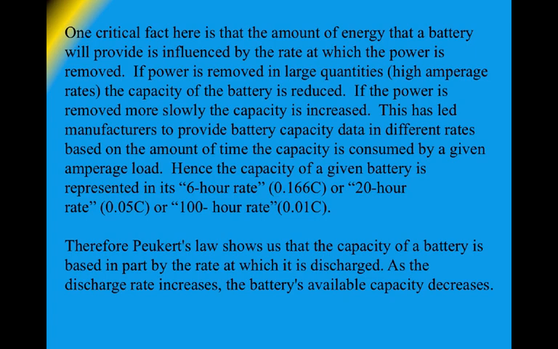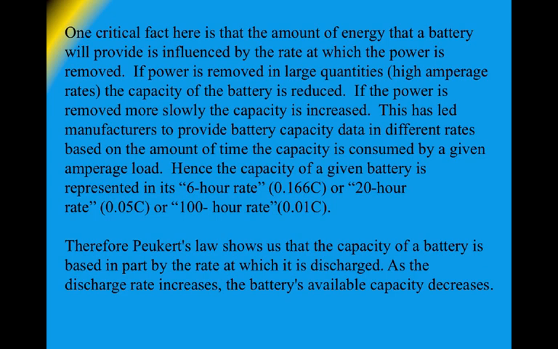And there's also the idea that you might discharge a battery over a 100-hour period, and that would be the 100-hour rate, which is equivalent to 0.01 C in comparison to the 1C rate.